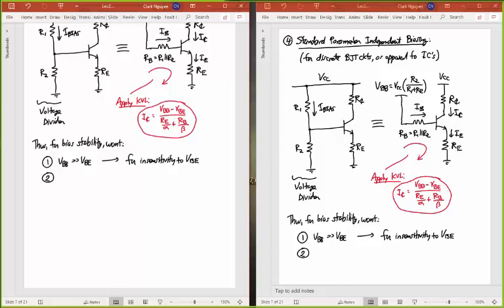2, just like before, we want RE over alpha to be much greater than RB over beta. And that's for insensitivity to beta.